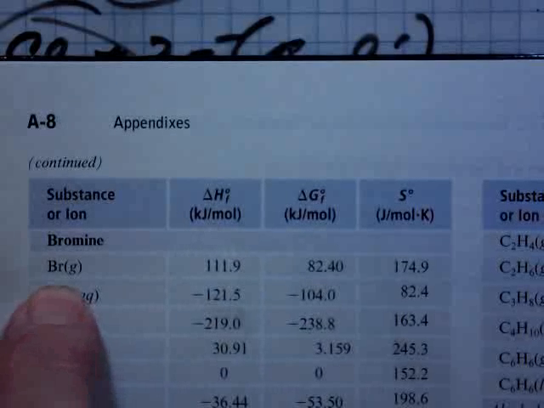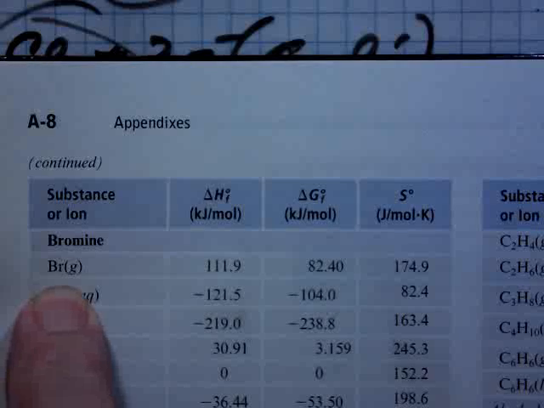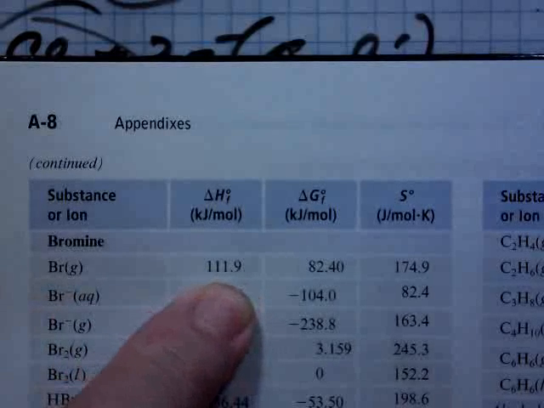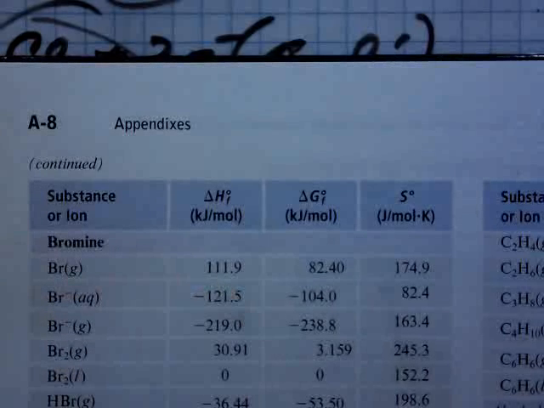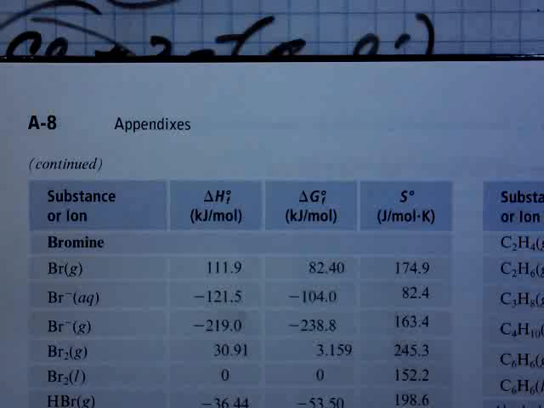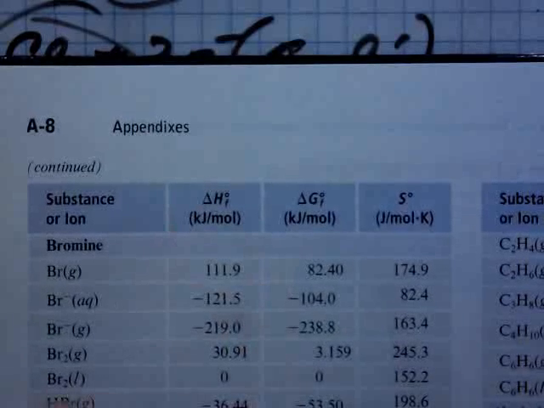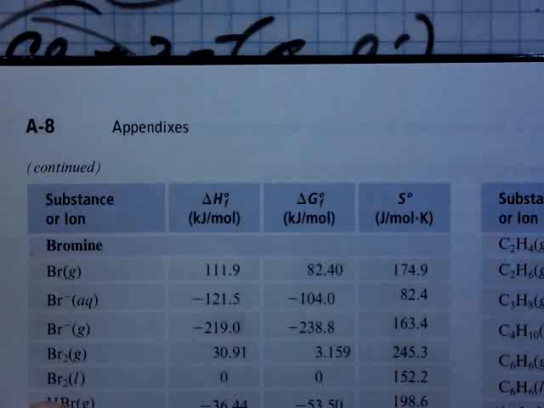Just by itself, bromine going into the gas phase absorbs 111.9 kilojoules of energy, going from solid state up to a gas state. Down here you see Br2 is a 0. If you find a 0 under delta Hf, that's the basic standard state of that element.